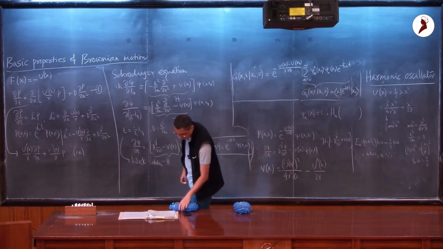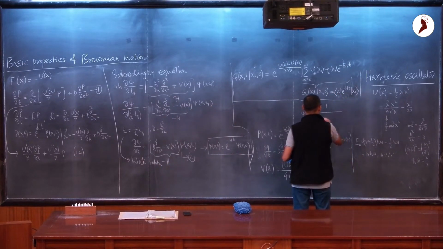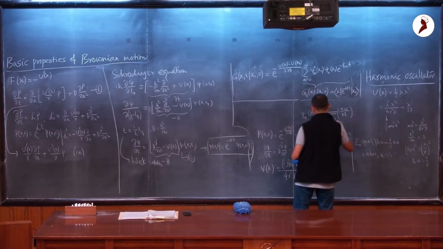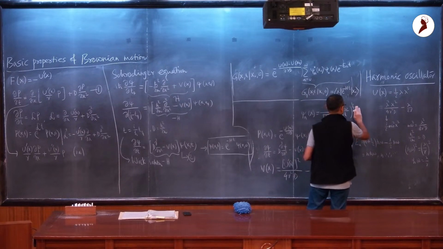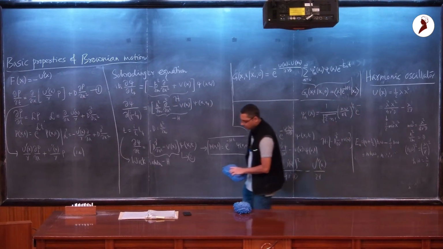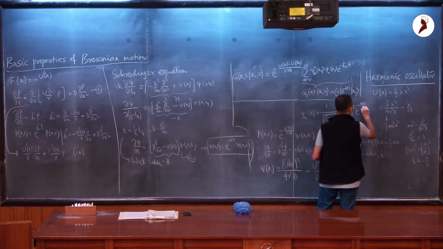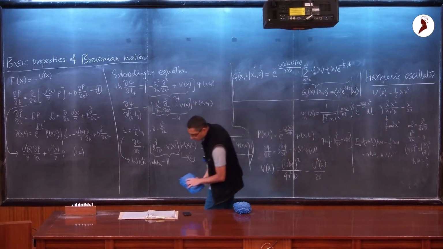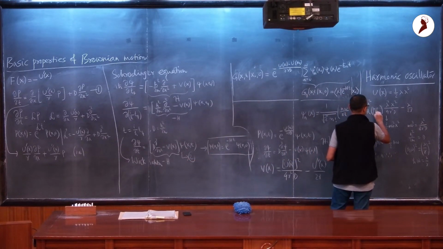So let me just put the whole thing. Okay. 1 by square root of 2^n n factorial, (mω/πħ) to the power 1/4, then exponential of minus mω/2ħ x², H_n of square root of mω/ħ times x.